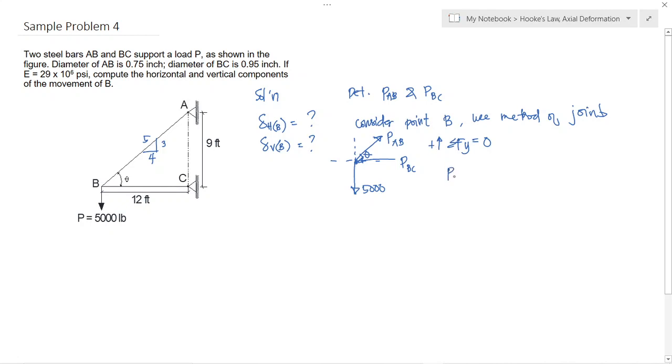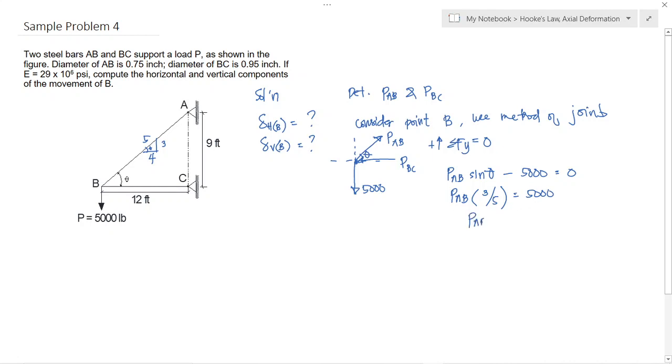By taking summation of forces along y equal to 0, upward positive, we have PAB multiplied by sine of theta less 5,000, because the 5,000 is downward, equal to 0. Then PAB times sine of theta, where sine of theta is 3 over 5, multiplied by 3 over 5 is equivalent to 5,000.